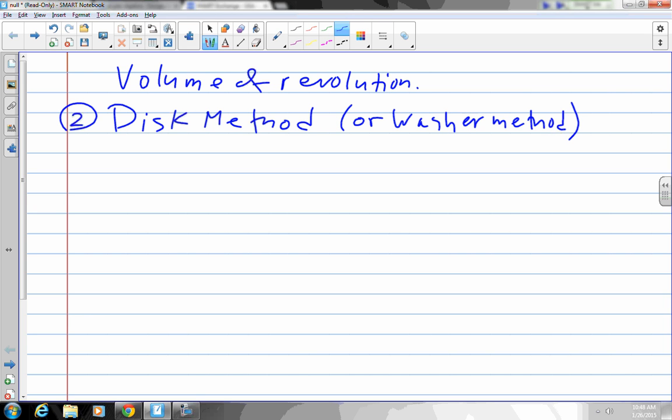So the idea was, if you rotate around the x, then the integral is a dx integral. So if you rotate around the x, then the volume is pi, the integral from a to b, the function squared dx.